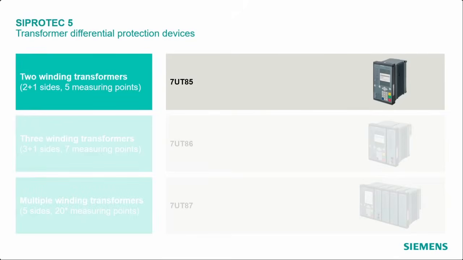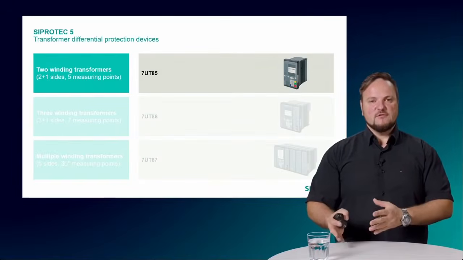Then we come to the next slide, and here you see the first modular device, which of course looks similar. This device is expandable. It can support up to 2 sides, but if you want the flexibility to extend your 2-winding transformer maybe to a 3-winding transformer, you can add one additional side to your project.